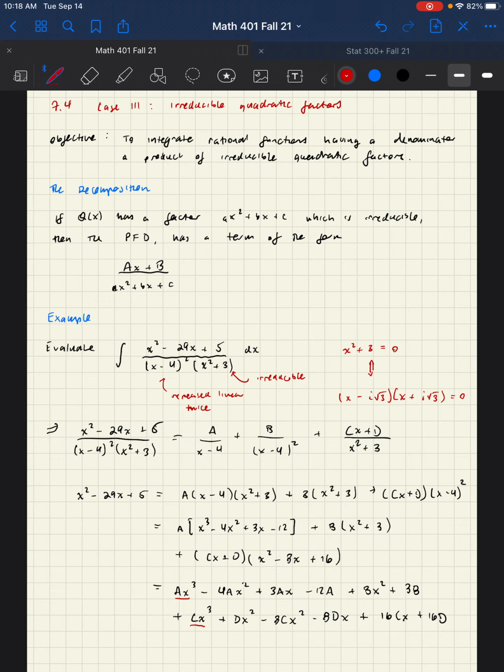Any x squared terms go with 1x squared, and I'll use squiggles to mean x squared terms. Then a curved line like that means x terms. And then the ones that are not highlighted are going to go with the constant terms.